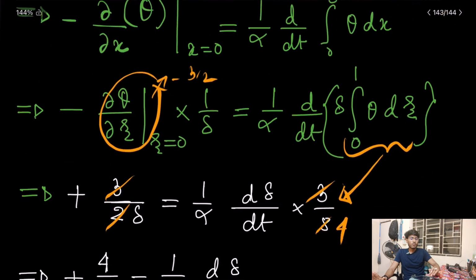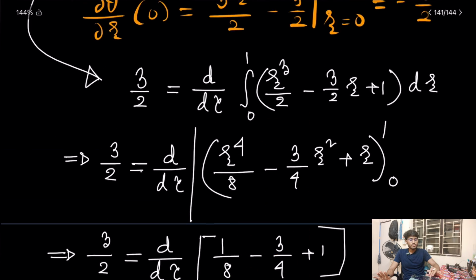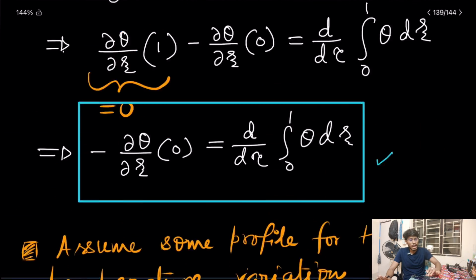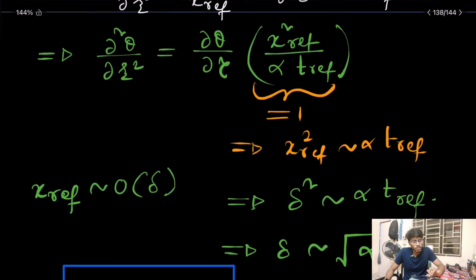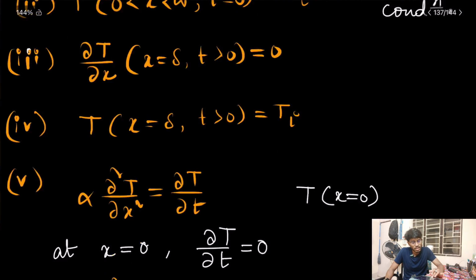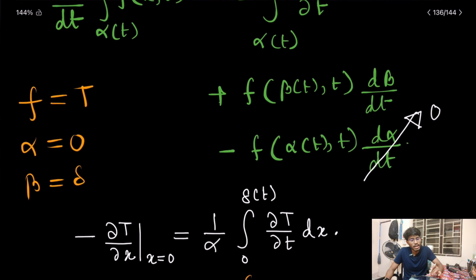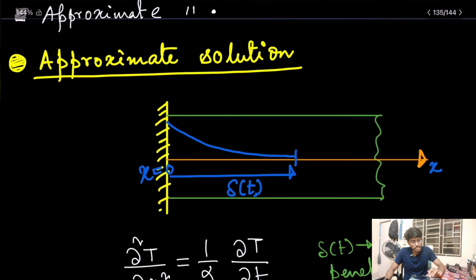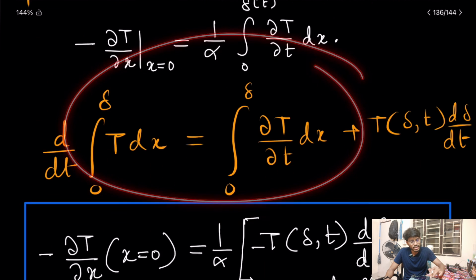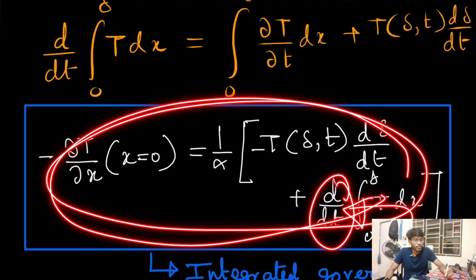So with this I will end our approximate solution, and I really apologize to you because this part was not necessary. So let me make a brief recap of what we have done. Firstly, you have to integrate your actual governing equation and apply the Leibniz rule to get this form, and in this form you have to take this d/dt outside the integral.